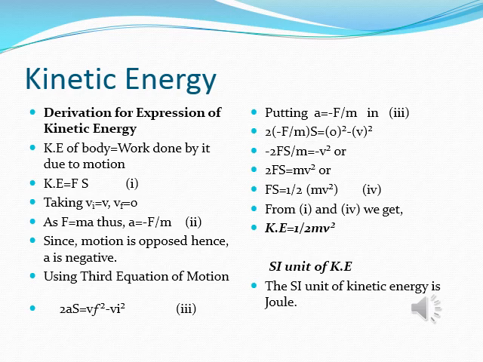Now, from equation 1 and equation 4, we get expression for kinetic energy of a body, which is equal to half mv square, where m is the mass of the body and v is the velocity with which it is moving. Please note that the SI unit of kinetic energy is same as the unit of energy, which is joule.